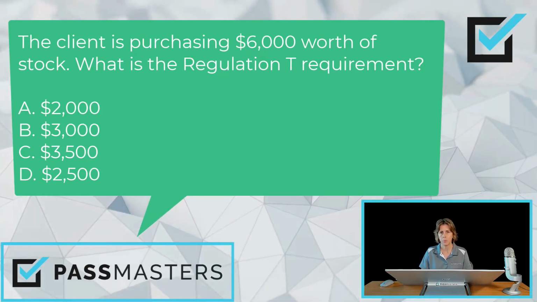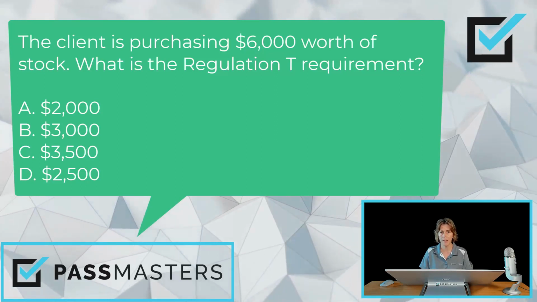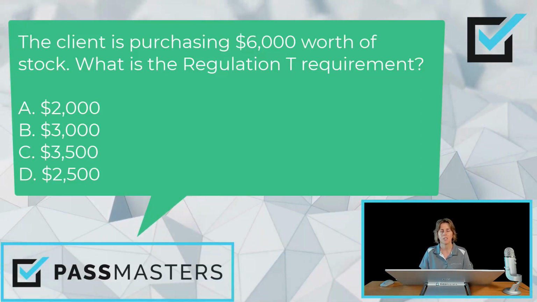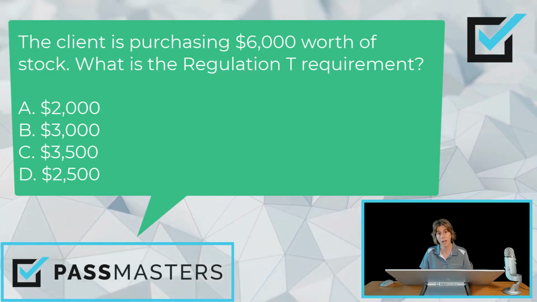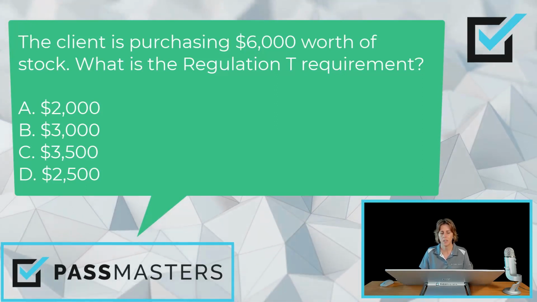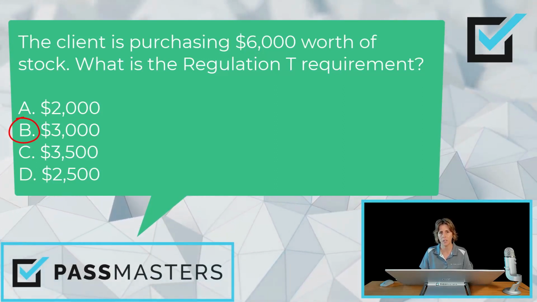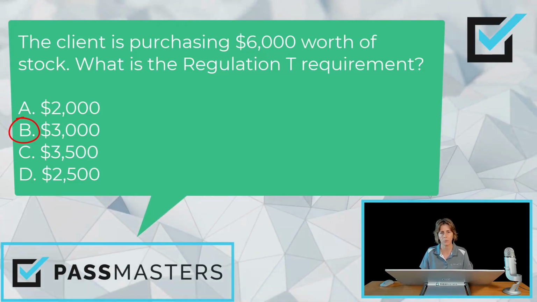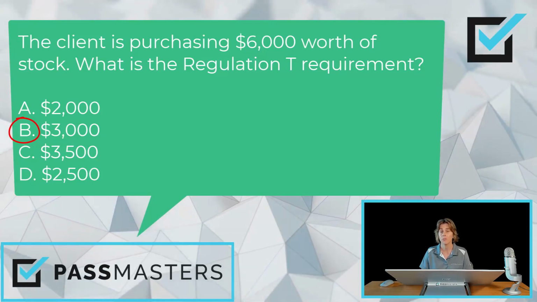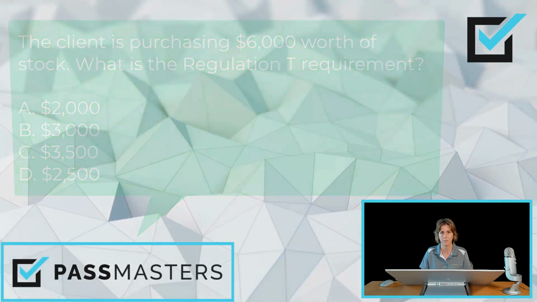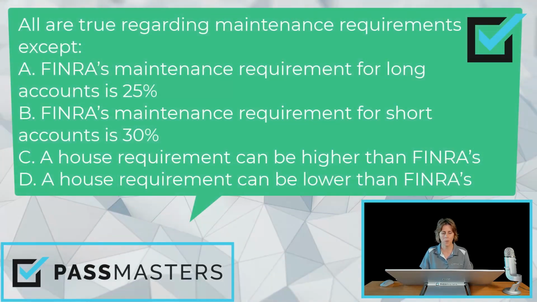No. 50% or $2,000. So what's 50% of $6,000? $3,000. So it's $3,000 or $2,000, whichever is greater. So the client must deposit $3,000. That would be the initial equity requirement under Federal Reserve Board Regulation T for the purchase of $6,000 worth of securities.